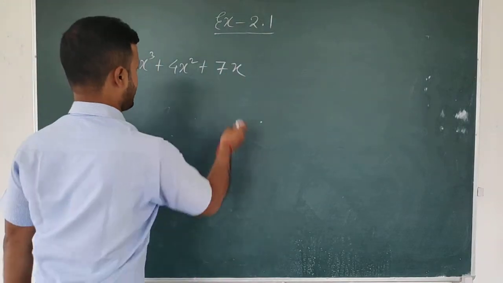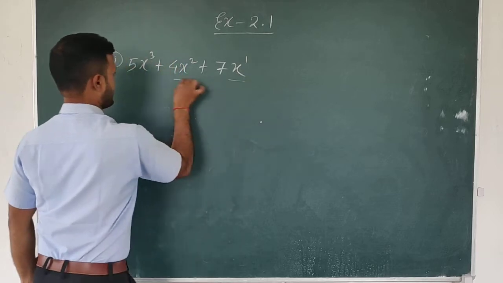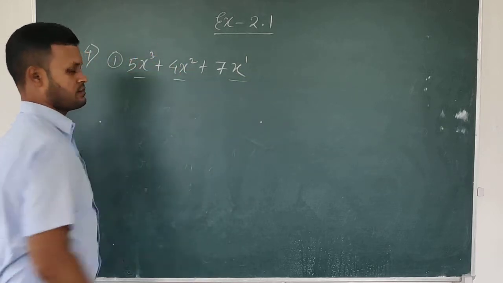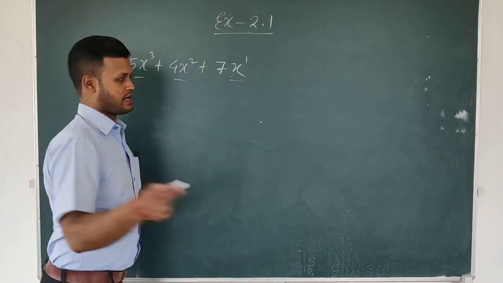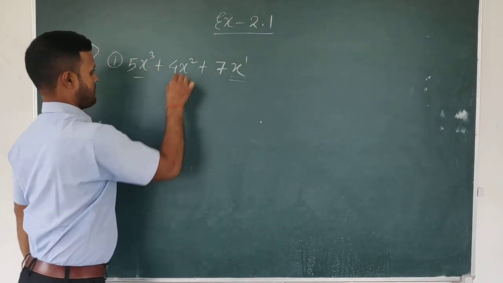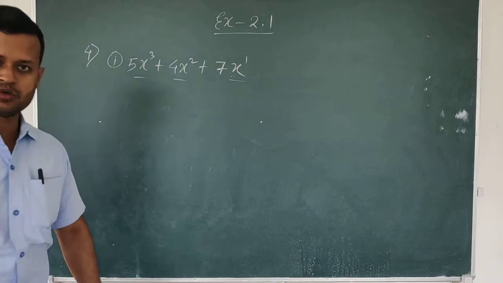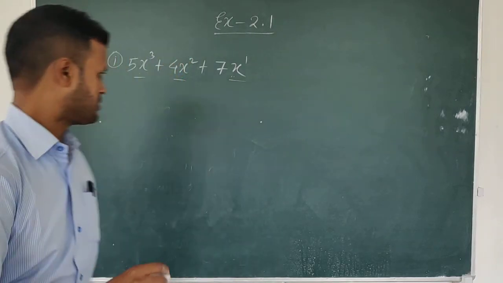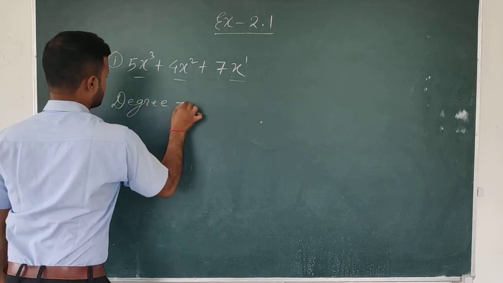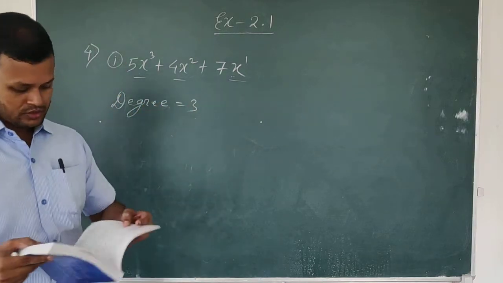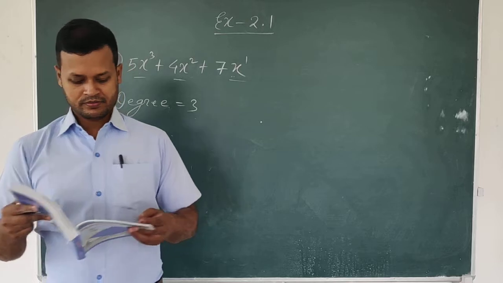Here x is there, what is the power? 1. Here, power 2. Here, power 3. So which is the highest power? 3. So therefore degree is equal to 3. Understood? Very, very easy.